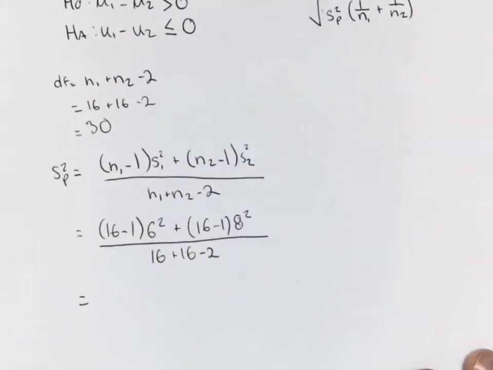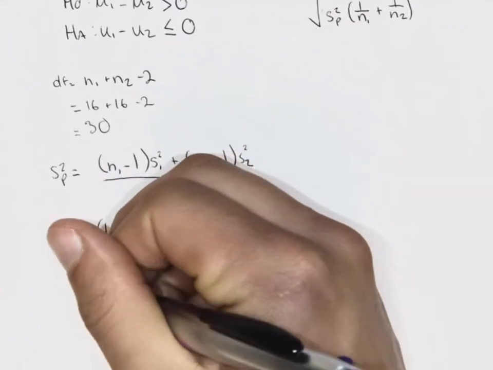So if we break this down, we'll see that it is 15. 6 squared is 36, so 15 multiplied by 36 is 540.